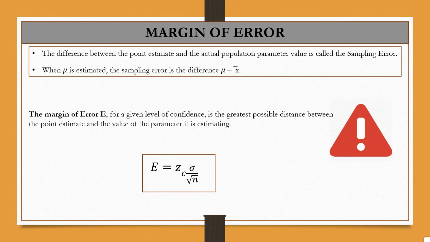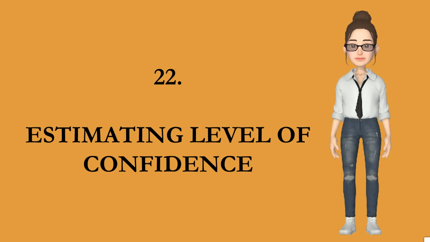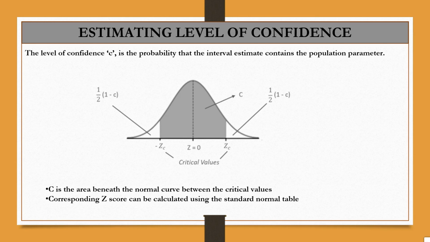Now let's understand how you can estimate the confidence interval. So guys, the level of confidence, denoted by C, is the probability that the interval estimate contains a population parameter. Let's say you are trying to estimate the mean.